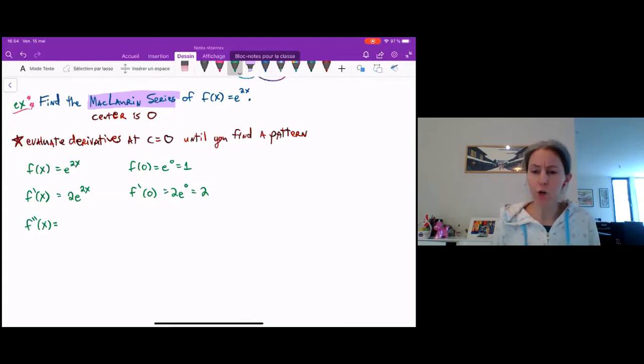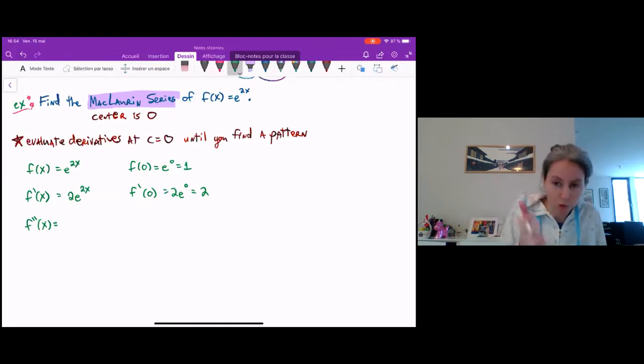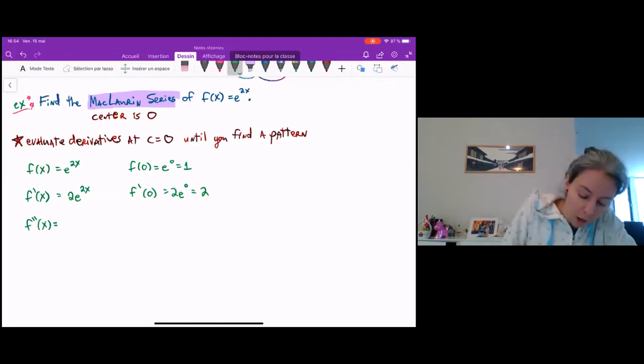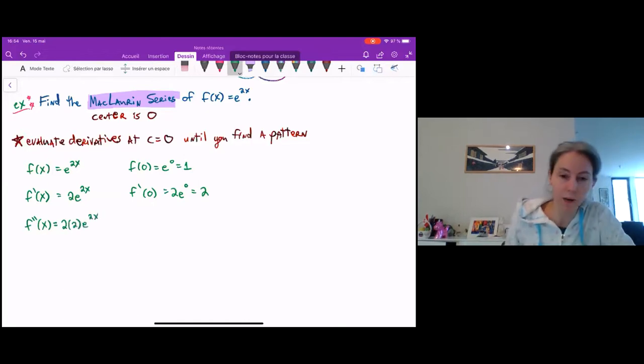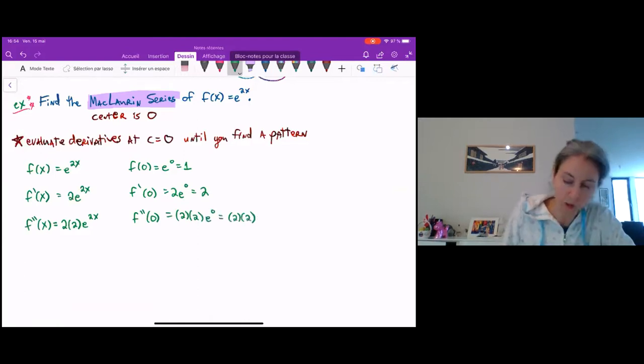So for example, the 2 in front of that e to the 2x came from the exponent. I'm about to get another 2 from the exponent, so I'm going to group it with that original 2. So when I do the second derivative, I'm just going to have another chain rule that causes me to multiply by 2 again. So then f double prime of 0 is equal to 2 times 2 e to the 0, which is just 2 times 2.